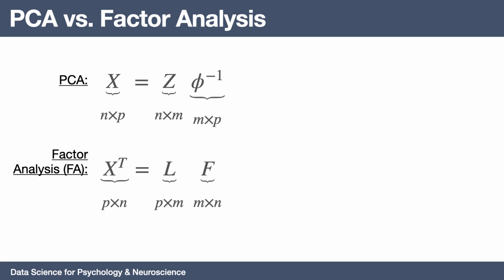Factor analysis is the same logic where you have a p by n matrix. I'm showing the transpose here in the normal way we talk about factor analysis. And you're supposed to learn some component loading matrix, L, that projects a set of factors, F, into X space. Notice that F and Z are essentially the same dimensionality.